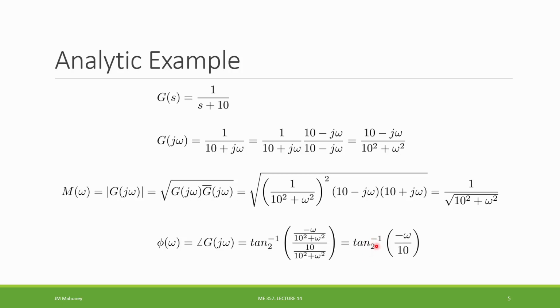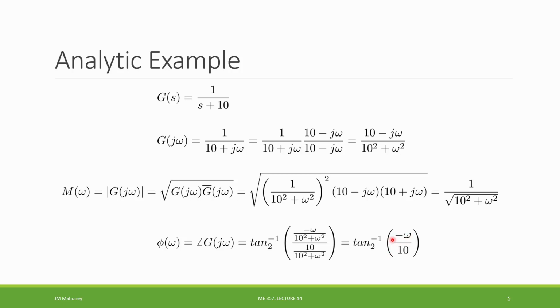Because with the 4-quadrant arctangent, we're going to take into account the negative sign on the top, the numerator, or the denominator. Instead of just saying, oh, there's a negative on top and negative on bottom, that means it's positive, it says, oh, it's negative on top and negative on the bottom.